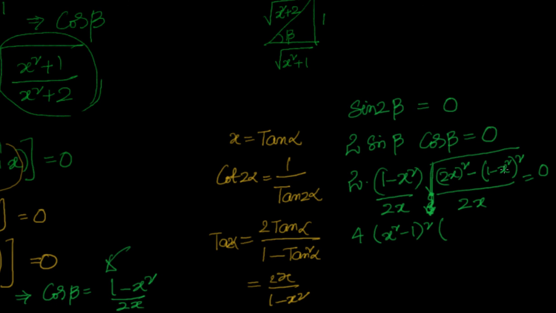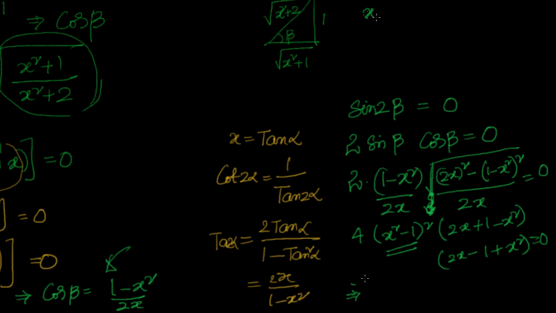That is, if I take this as a plus b, it will be x minus 1 whole square into 2x plus 1 minus x square, and another will be 2x minus 1 plus x square. So nothing but you will have x square minus 1 times these, this whole thing equal to 0.